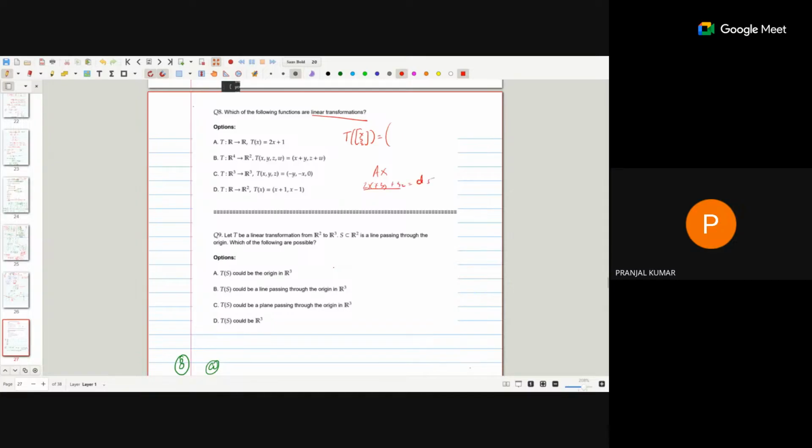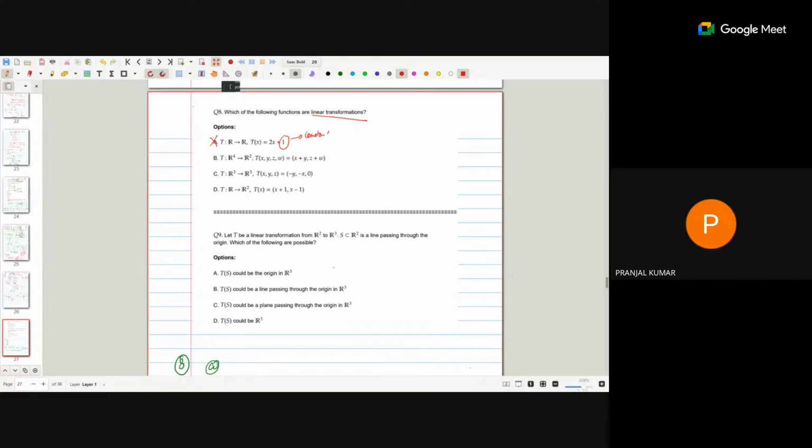Here you only have the linear expression, and on the other side you have the constant. So only these types of expressions should appear. This is wrong, because there is a constant here.